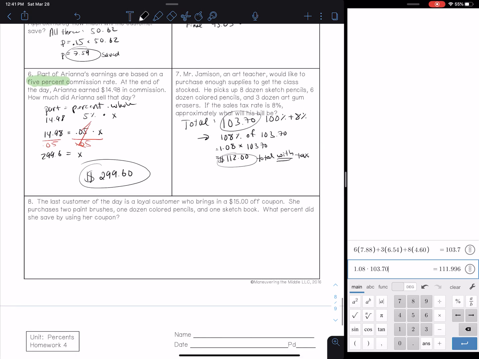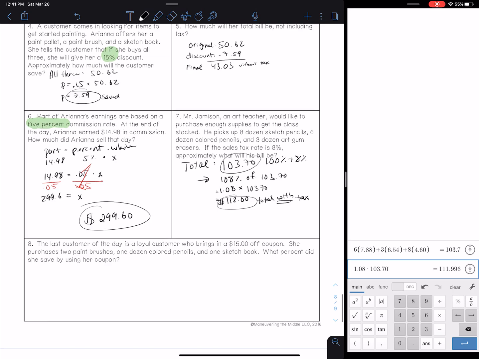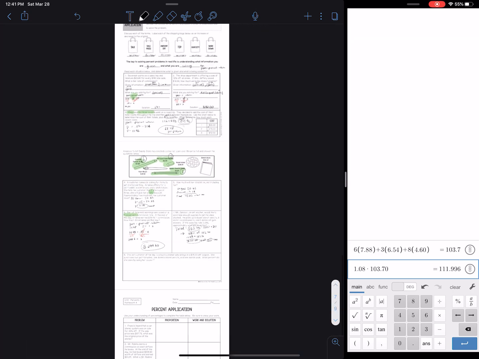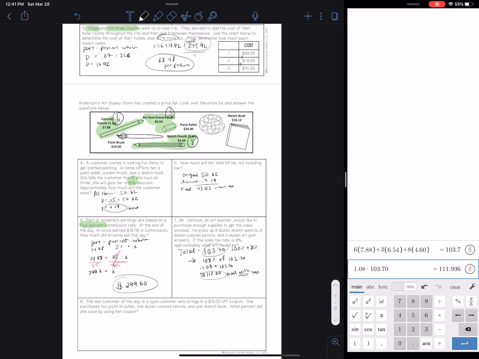Number 8, the last customer of the day is a loyal customer who brings in a $15 off coupon. She purchases. Okay, let's go through this again. So she purchases 2 paintbrushes.